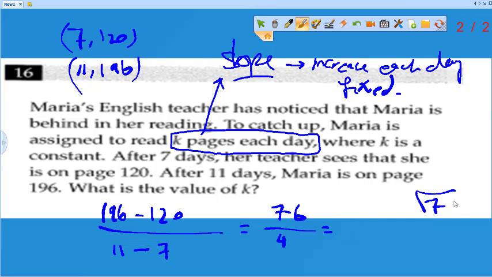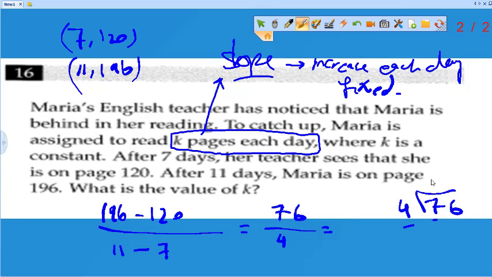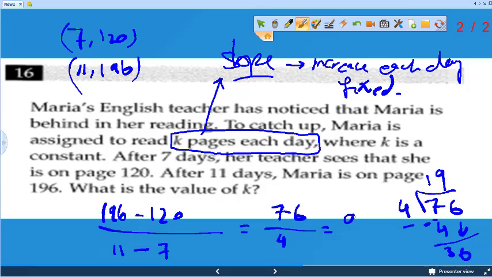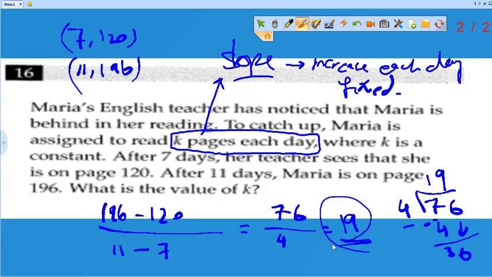Or you can do it like this: 76 divided by 4. 7 divided by 4, I need a number that multiplied by 4 gives me 7, or the nearest number, which is 1, and after that you will multiply. 1 times 4 makes 4, then subtract 3 and drop down 6. 36 divided by 4 makes 9. It means it's 19. It means it's 19 pages per day.